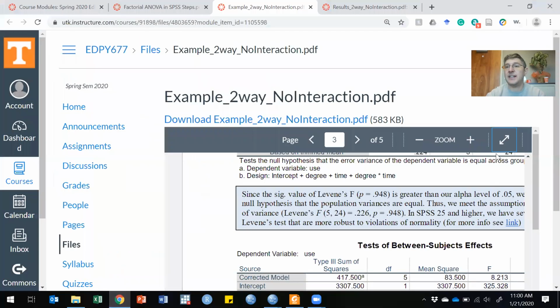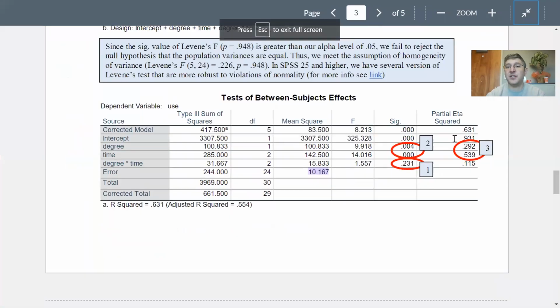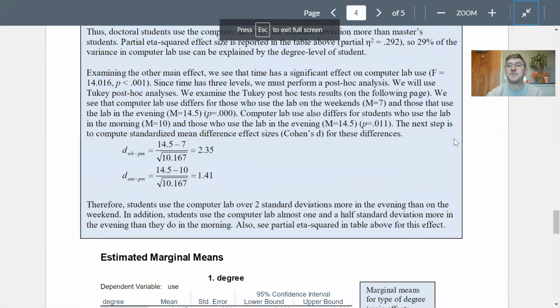I calculated those by hand in here too. So you can see that students use the computer lab over 2 standard deviations more in the evenings than they do on the weekends, and almost 1.5 standard deviations more in the evenings than they do in the mornings.